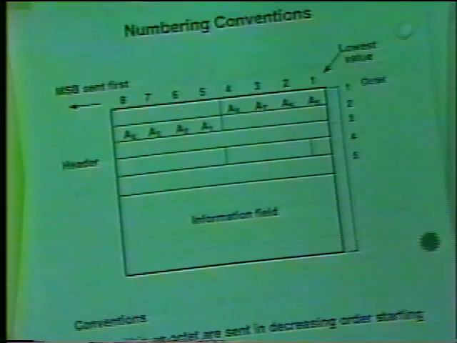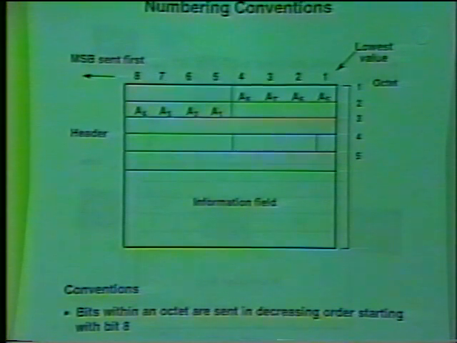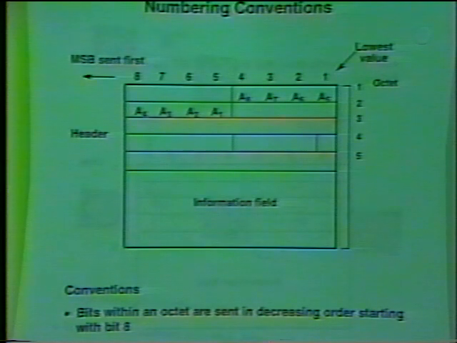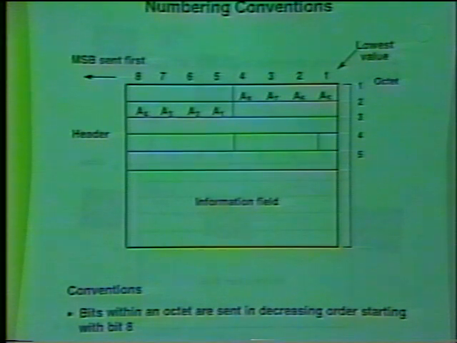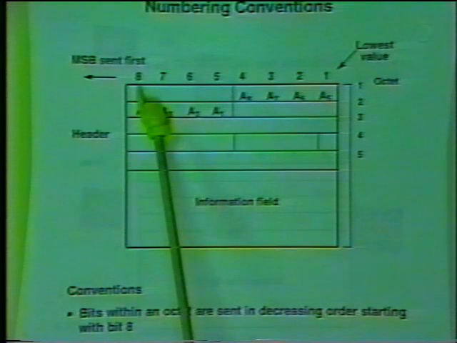Okay, otherwise on page 8, this is just saying how the ATM cells are broken down and transferred. To follow along with the bulleted list on the bottom, the bits within the byte are sent in decreasing order, so the most significant bit, bit 8, is always transferred first.